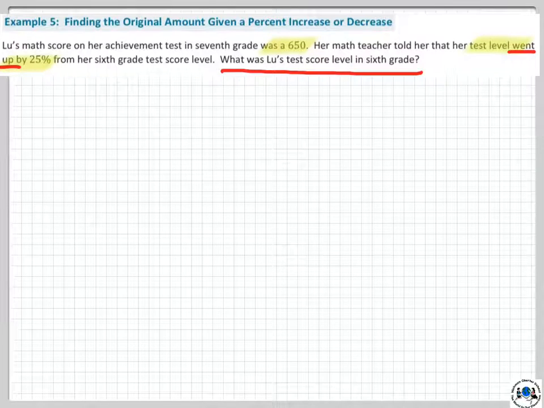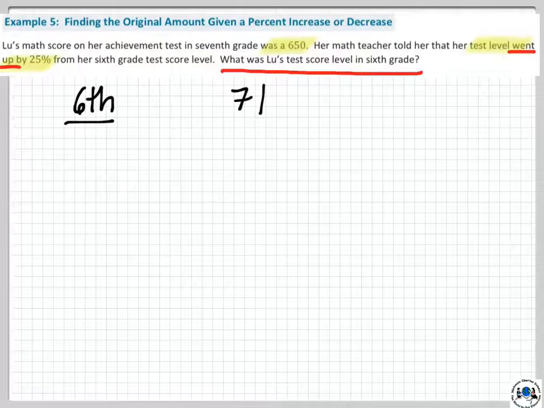What was Lou's test score level in 6th grade? Now we need to be very, very careful initially. We're looking at went up by 25%, so we're thinking, okay, I just need to multiply by 25% or divide by 25%. But let's look at this a little bit more closely.